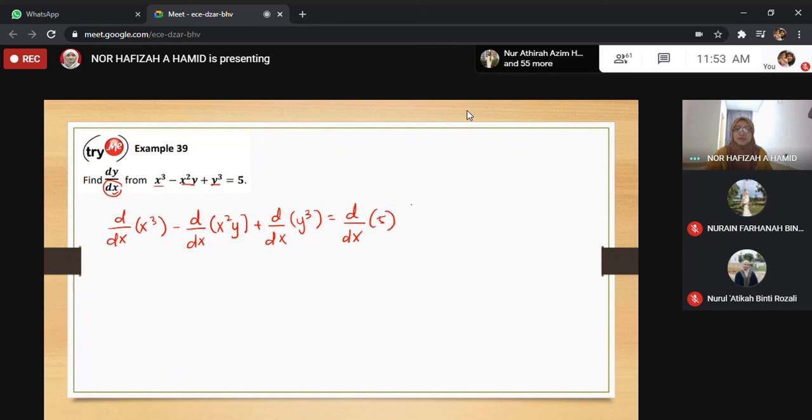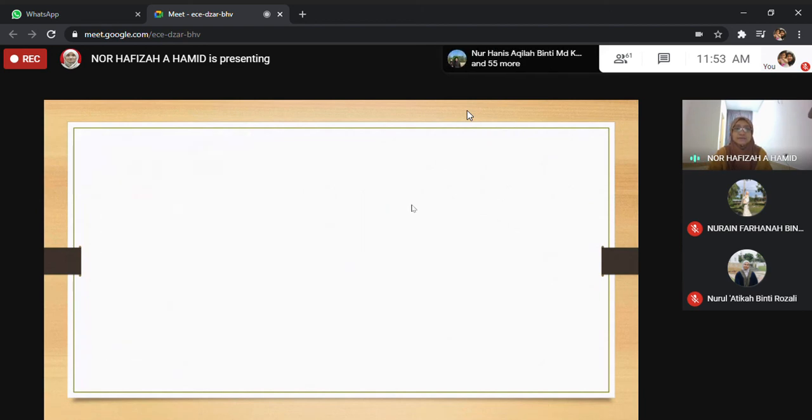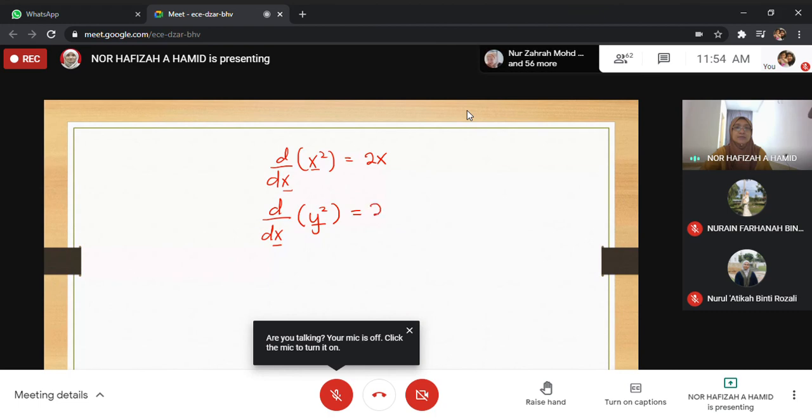Contoh kalau you ada d over dx, you nak differentiate x square respect to x, dia tak ada problem. You terus dapat answers dia, you akan dapat 2x. Tapi kalau you nak differentiate contoh d over dx, tapi variable dia y square, so the different variable y respect to x, you akan dapat 2y.